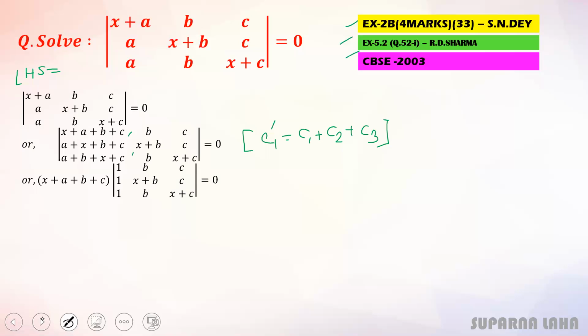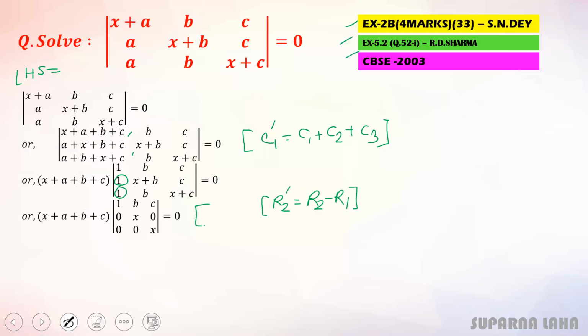Now make this element and this element 0. So that means row 2 dash is given by row 2 minus row 1, and row 3 dash is given by row 3 minus row 1. These two operations you need to apply.